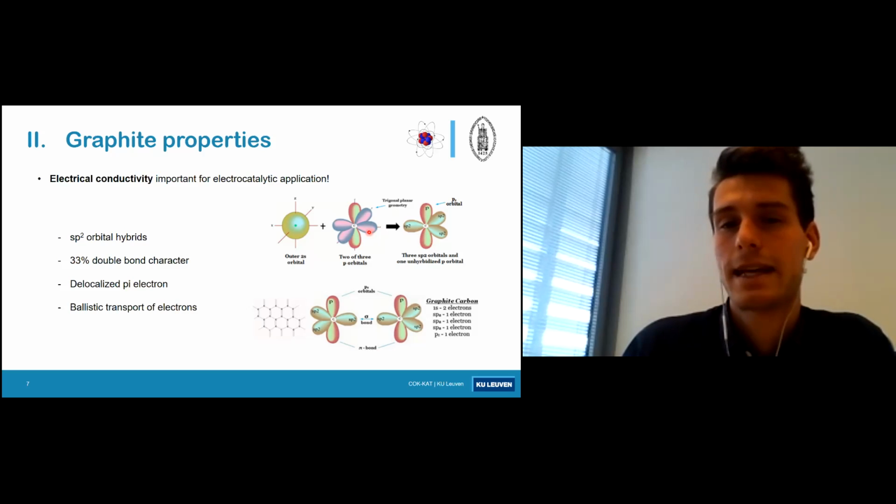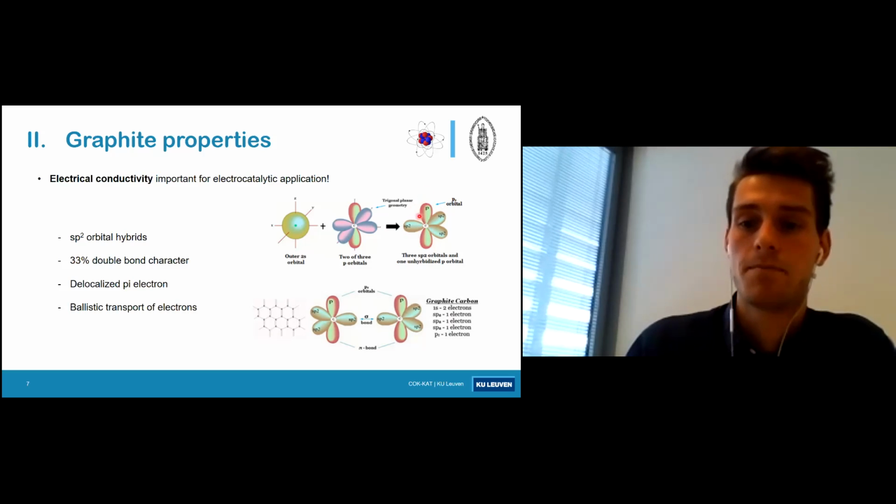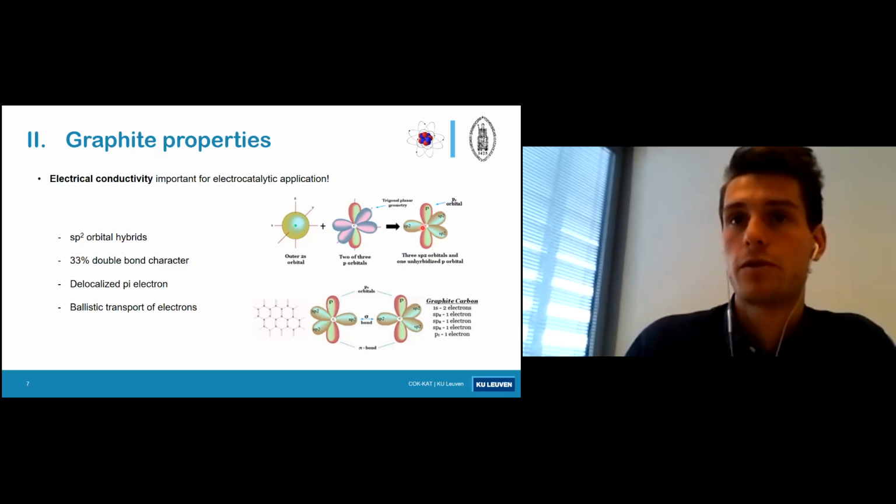So 4 electrons can bond with another carbon electron. 3 of these 4 carbon electrons are in each of these sp2 orbital hybrids, but the 4th one is here in the z direction, so it can actually freely move, divided over the 3 other carbon bonds.